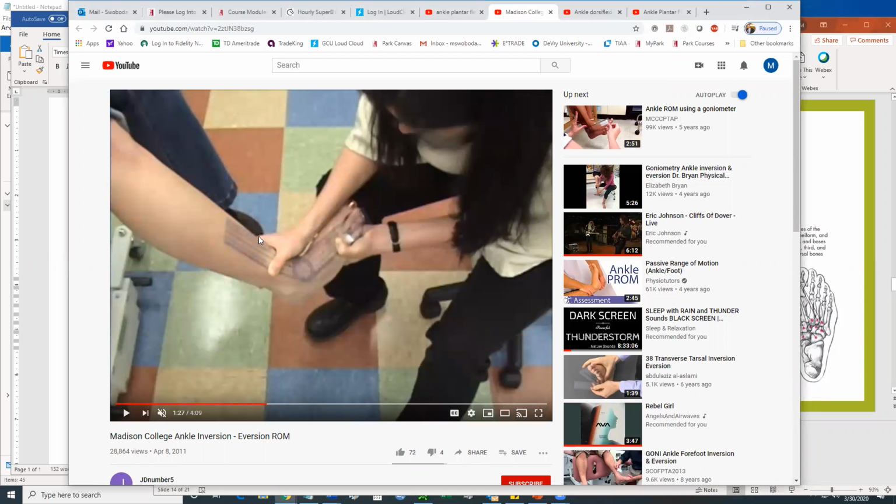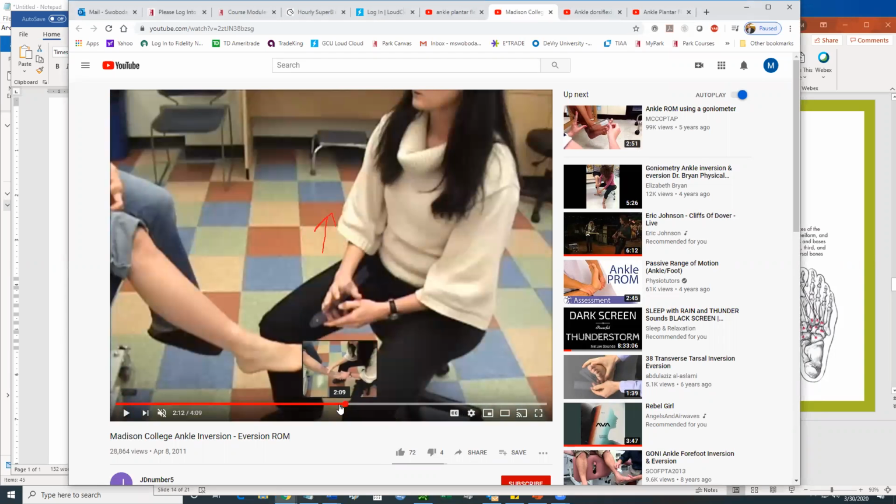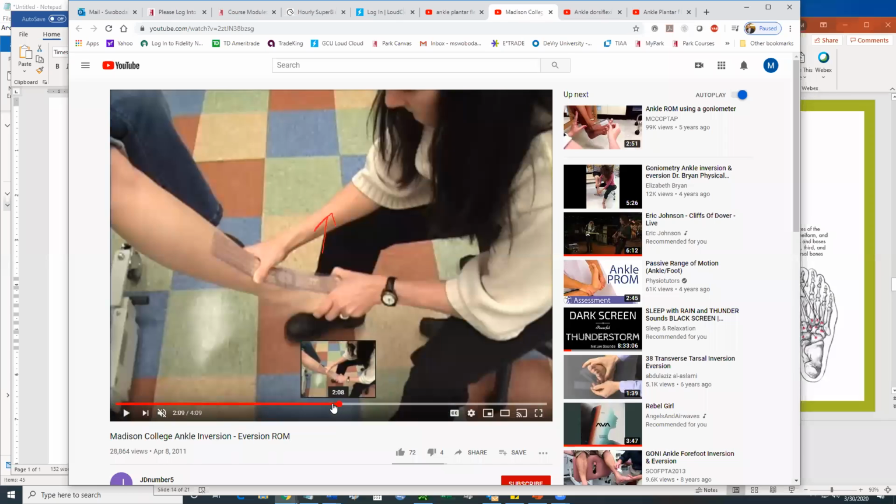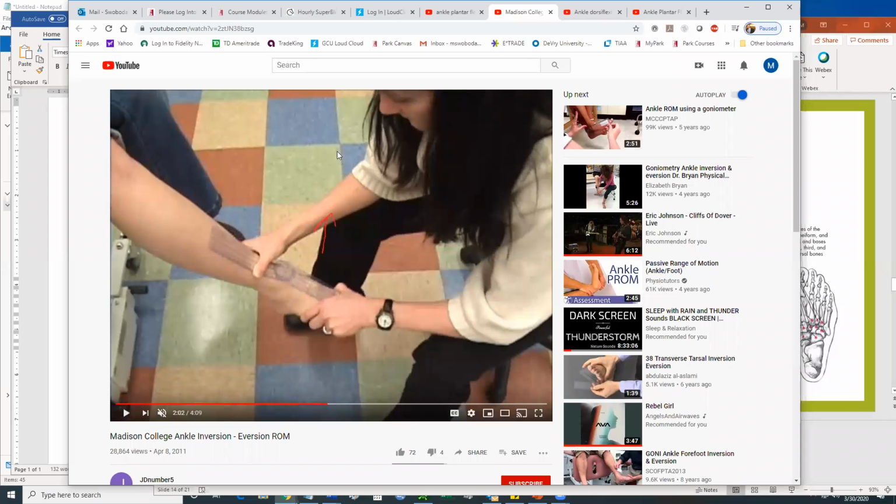So again, foot inversion comes inside or towards midline, so it's coming this way, and that's tib anterior. Foot eversion goes out, and that's going to be fibularis.